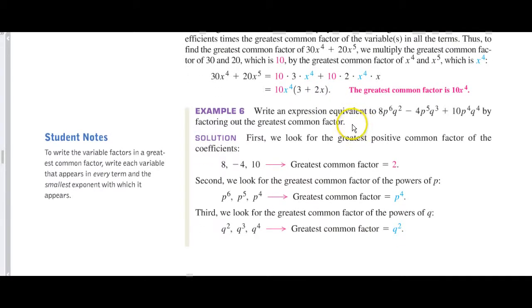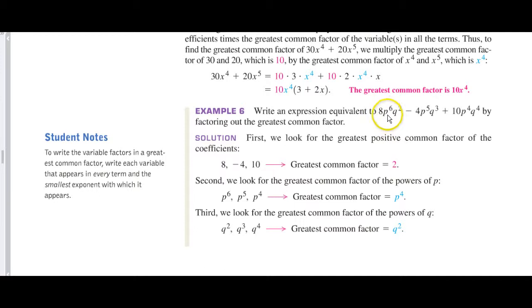Okay, so for example 6 now, and again we're looking at technique. What we want to decide, what is the greatest common factor of a number? Now if it was only 8 and 4, we could take out a 4. But since we now have a 10, the greatest common factor of each number will be 2.